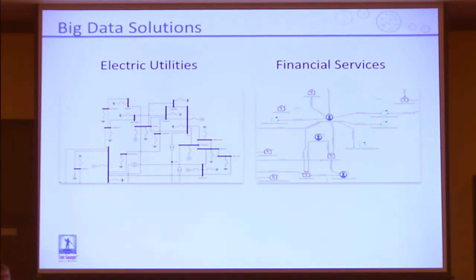And similarly, financial services, right? We had very prominently Panama Papers, right? This was a data model of financial transactions. And the only way it got cracked was by applying big data approaches of both analysis and visualization to understand it. Similarly with electric utilities, right?